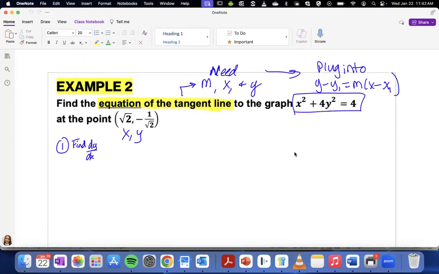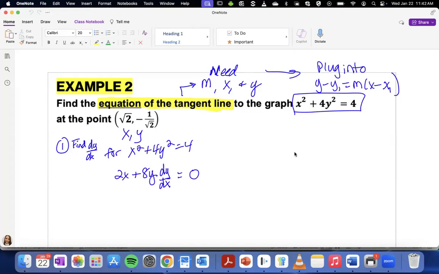So we have x squared plus 4y squared equals 4. You do 2x. I don't need a dy over dx because I derived x. And then this would be 8y dy over dx equals 0. Good.